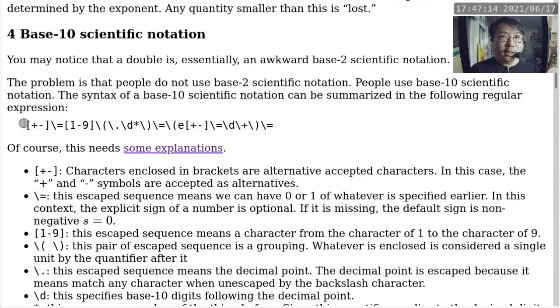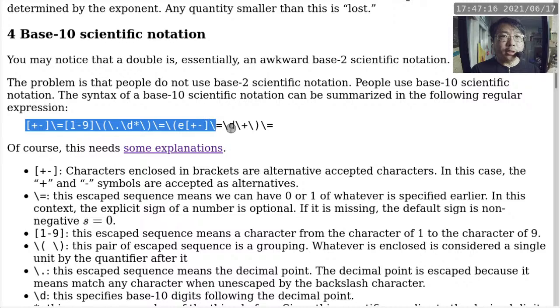This whole thing here is called a regular expression. I'm not sure how many people have exposure to regular expression. It is very, very useful in programming. In web programming, it's really quite useful. Anything that involves text processing, regular expression is extremely useful.